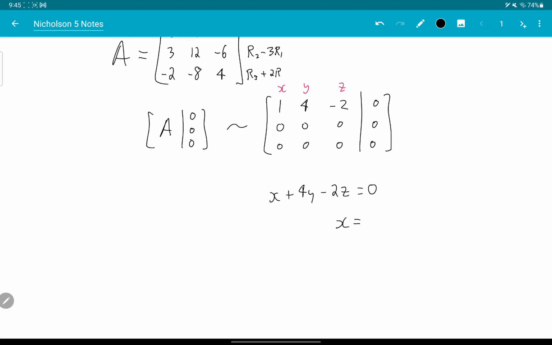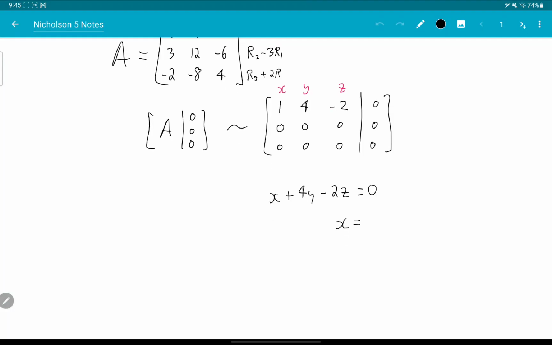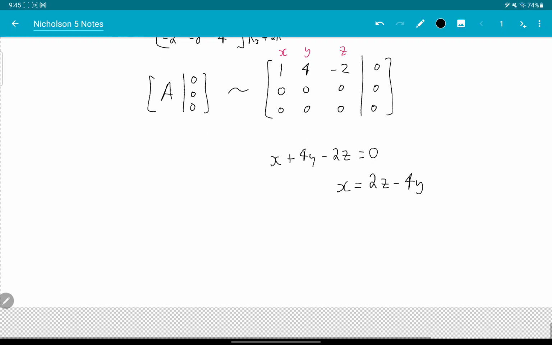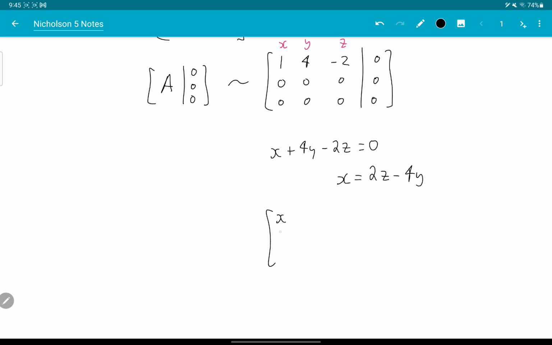So x is equal to 2z minus 4y. Throwing that into my generic vector x, y, z, I get 2z minus 4y, y, z.